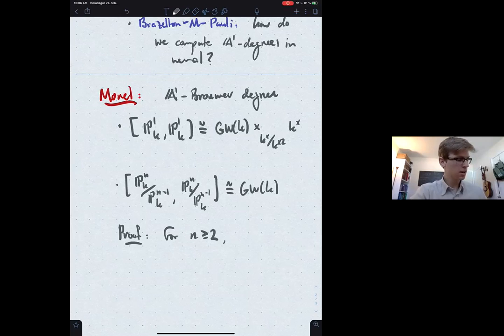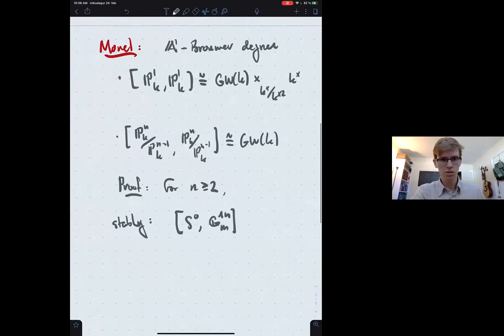So there's a stable result that if you look at maps from S naught to a smash product of GMs, of these just multiplicative GMs, working with P1 spectra, you can compute this in terms of Milnor-Witt K groups. So this is just the nth Milnor-Witt K group.